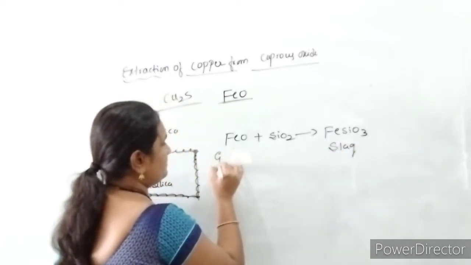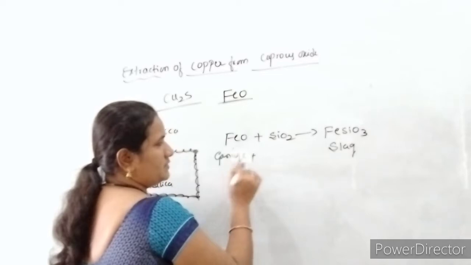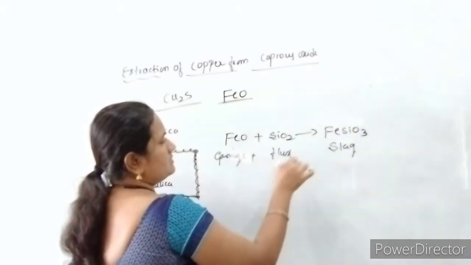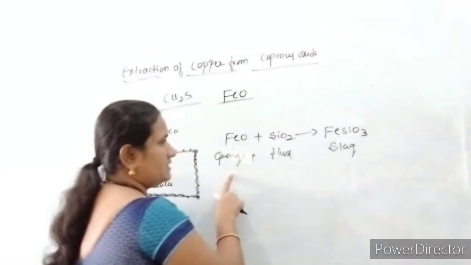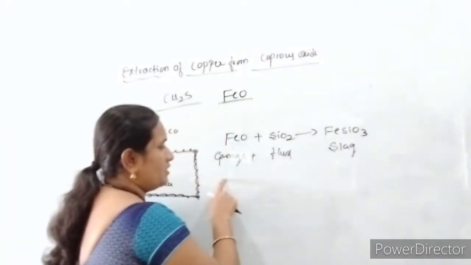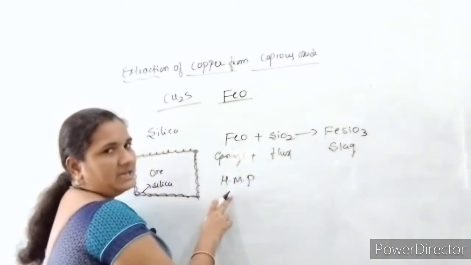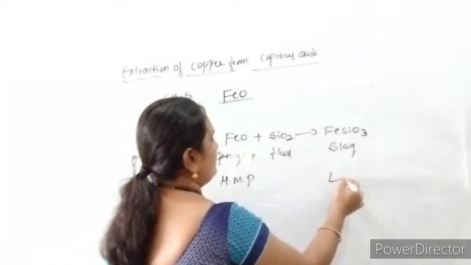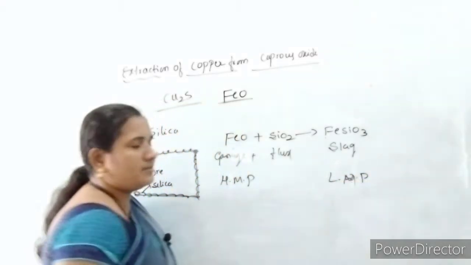Initially FeO is the gangue, which means the impurity. To this we add the flux, which is silica. It combines with the gangue and forms slag, which has a low melting point compared to the gangue, which has a high melting point. As a result, it can be removed easily.